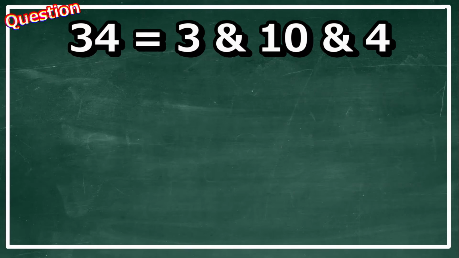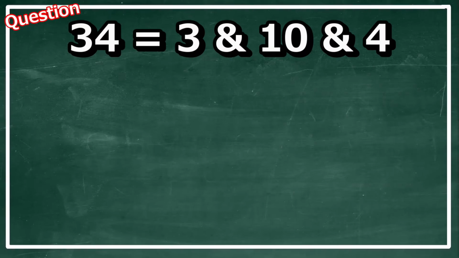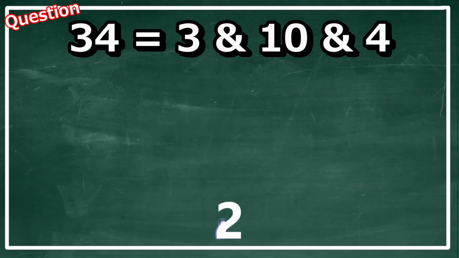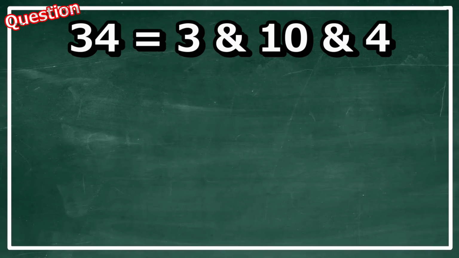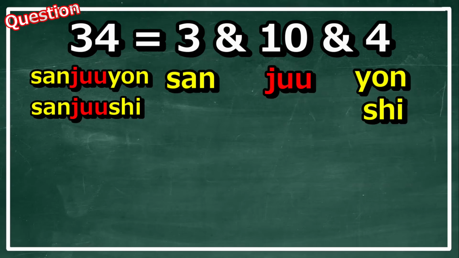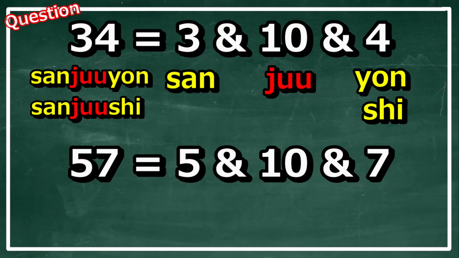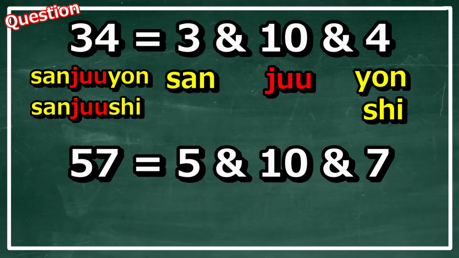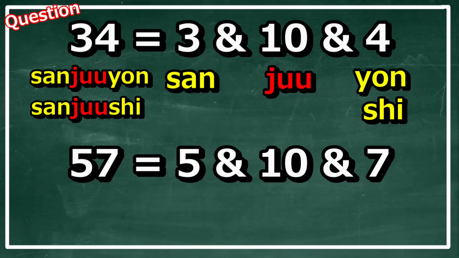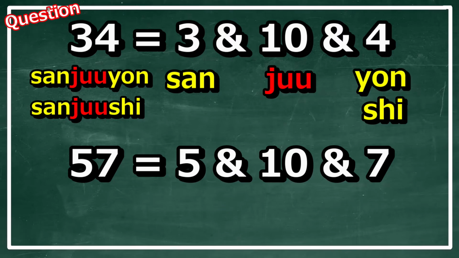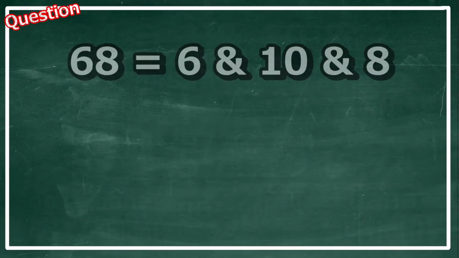Let's practice. Question: Please count. What is 34 in Japanese? 答えは The answer is 34. What is 57 in Japanese? 答えは The answer is 57.